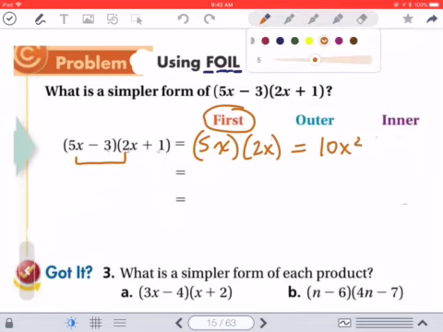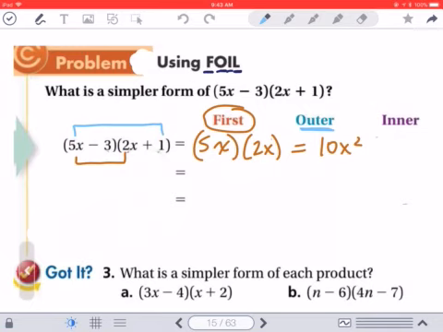And then outer represents the outer terms. So I'm multiplying 5x times 1, which is going to equal 5x.